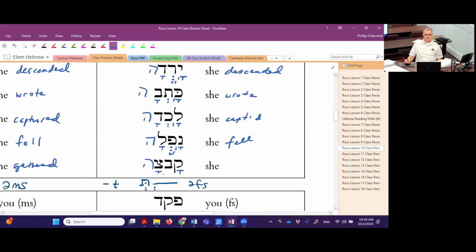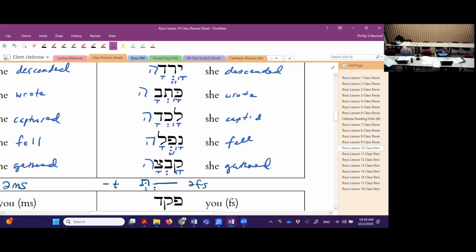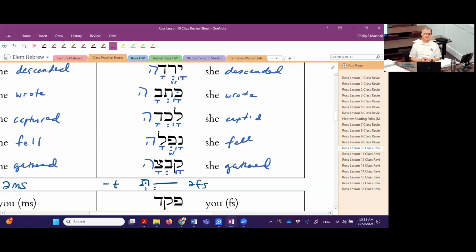Pathach, but it reduces to a vocal shva when I add the vocalic ending, and I get my metheg next to the kametz. So how would I pronounce that last one? Kavatsa. Good. She gathered. All right. She gathered grapes, something like that. So again, you hear the rhyming: kavatsa, nafala, lakada, katava, yarada, and so forth. Every third feminine singular verb you learn should sound like that.